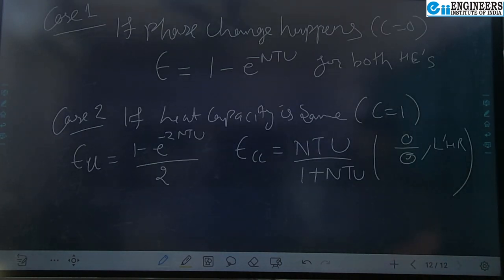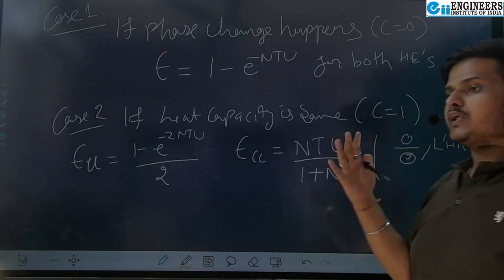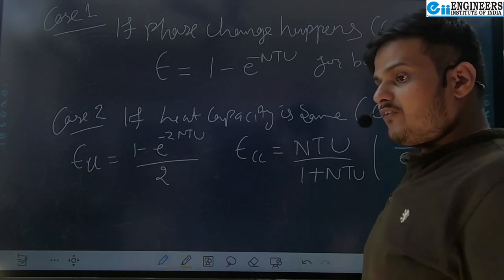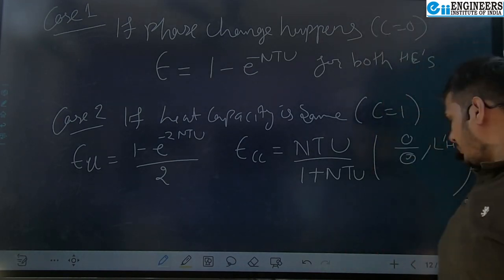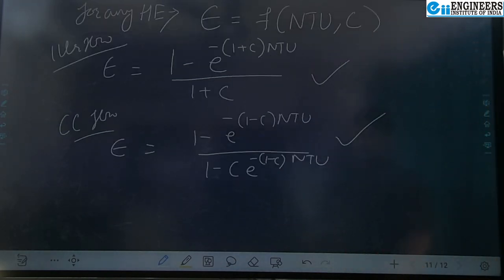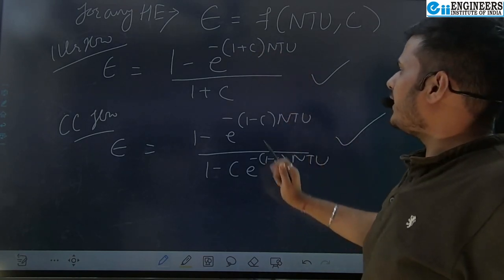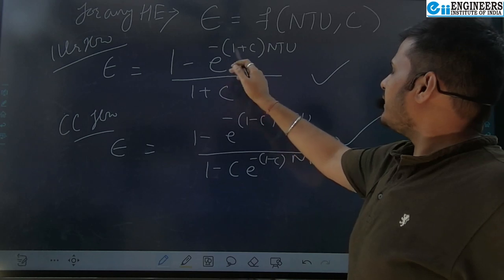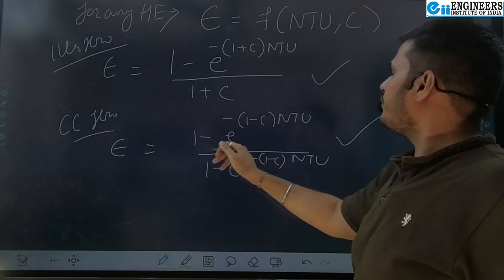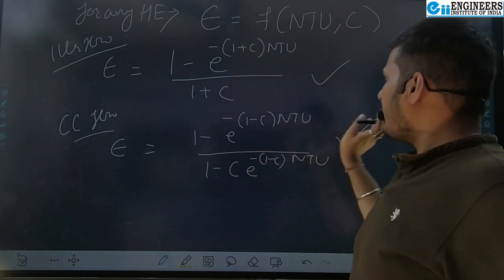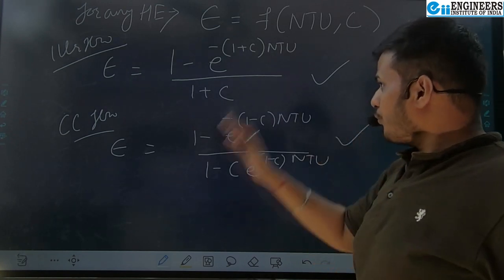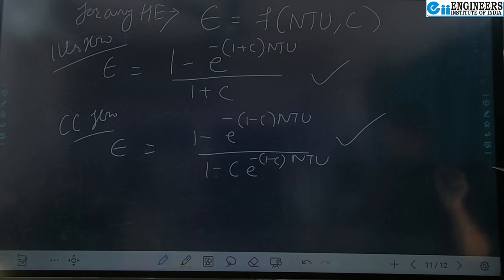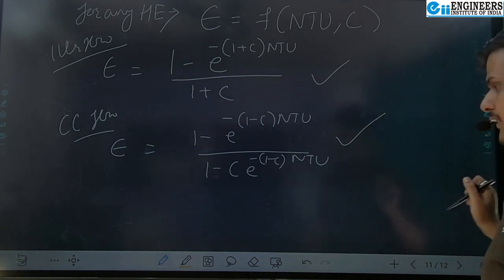Okay, here another case comes into the picture. Suppose phase change is happening in a heat exchanger, which means C will be 0. If C becomes 0, you substitute C over here, then this will be 1 minus e to the power minus NTU. Here it will also be 1 minus e to the power minus NTU. So for parallel flow or counterflow, the effectiveness will be 1 minus e to the power minus NTU.